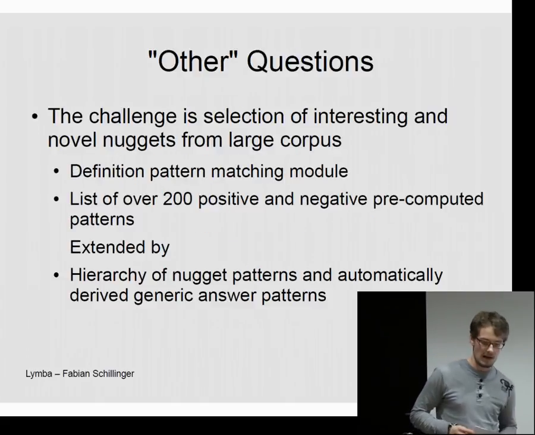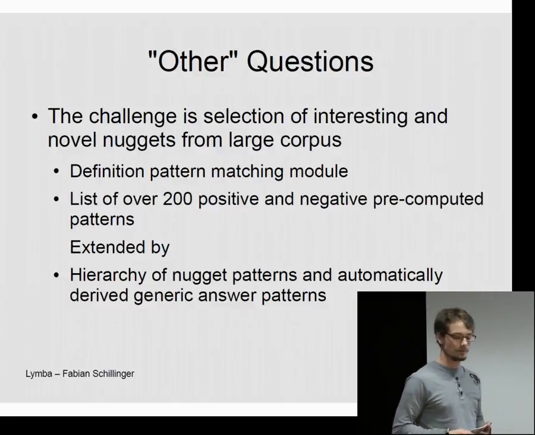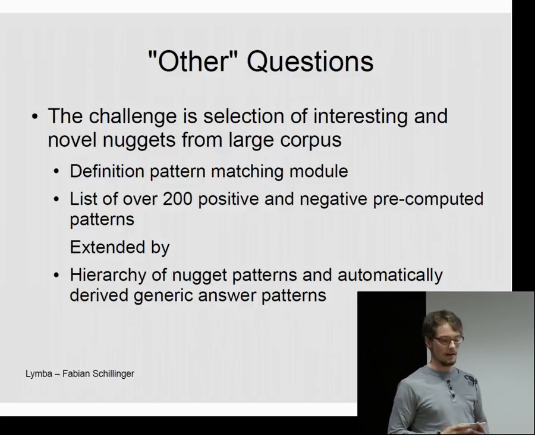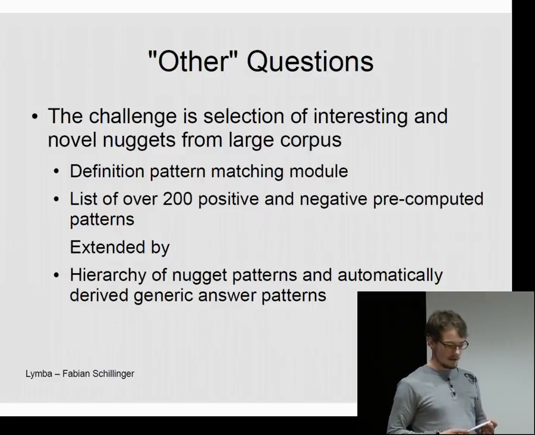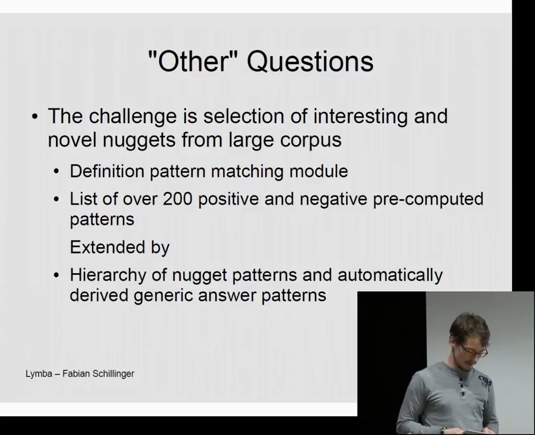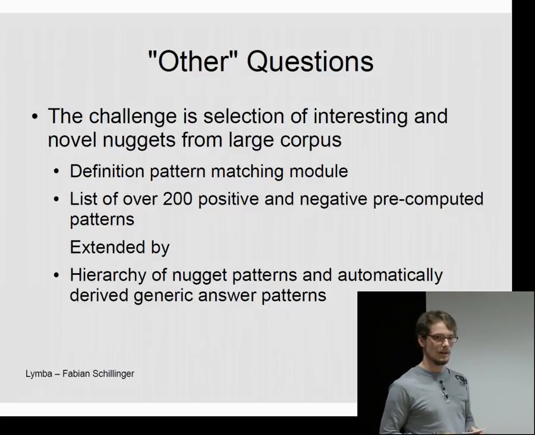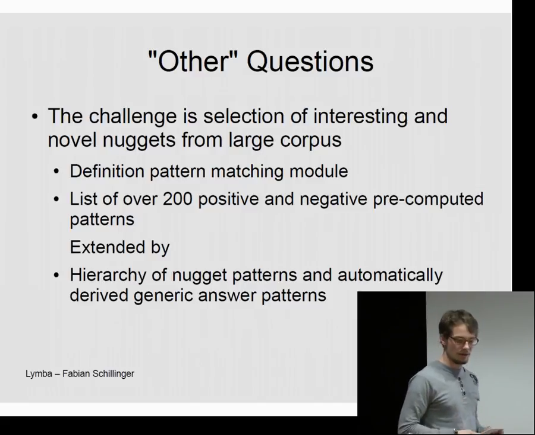So there were other questions where I could say, give me other interesting facts about something, and the challenge here is to select interesting and novel nuggets from a large corpus, and as the passage recall is overwhelming in big data, pruning to pick the best nuggets is very time consuming and difficult.